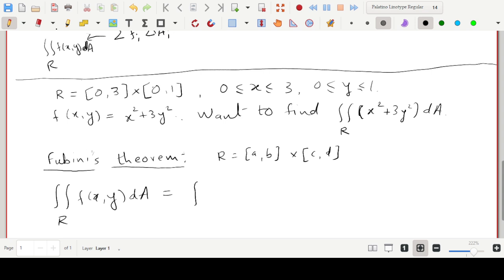That means x is varying between a and b, y varies between c and d.